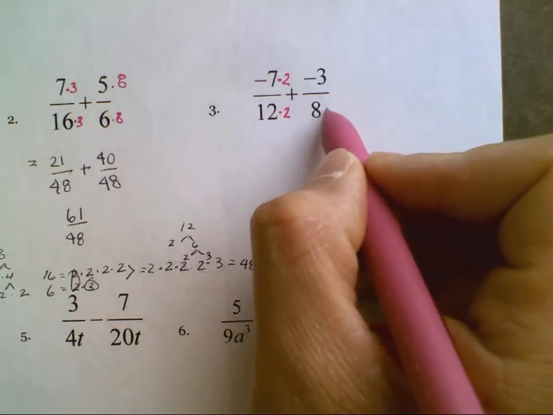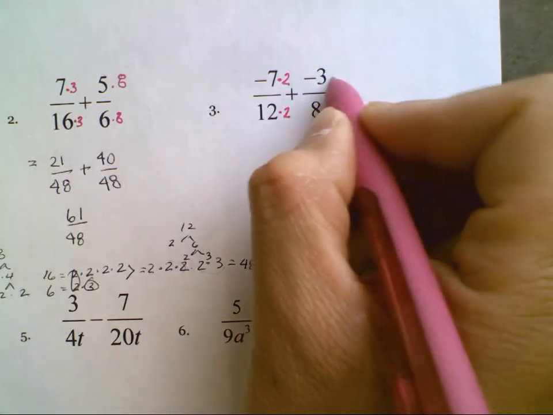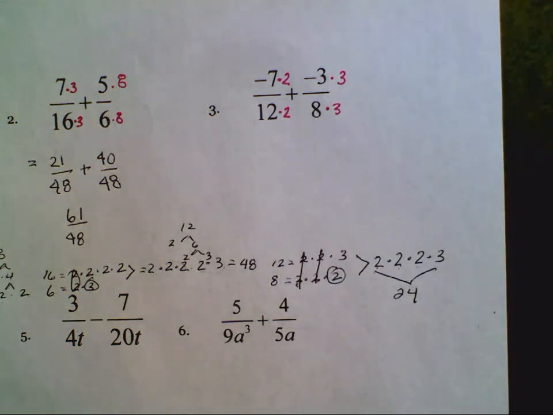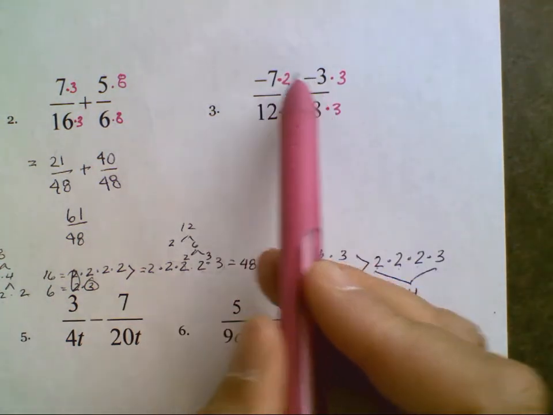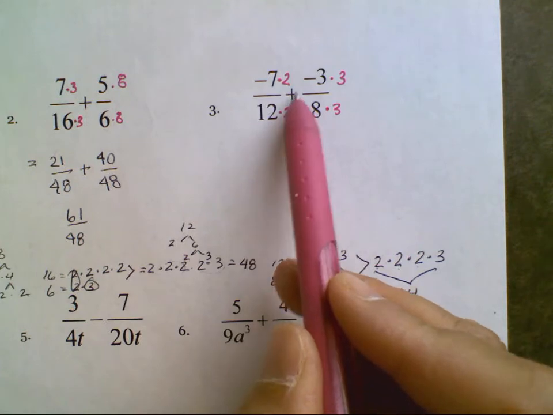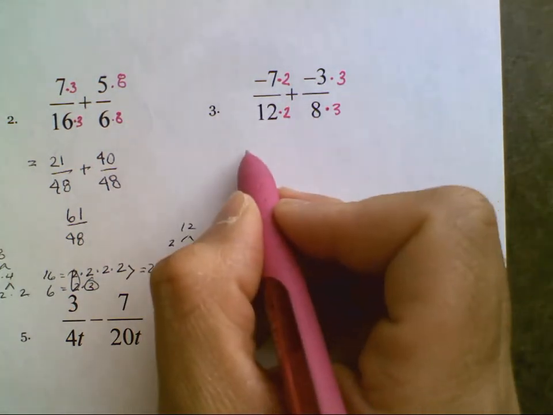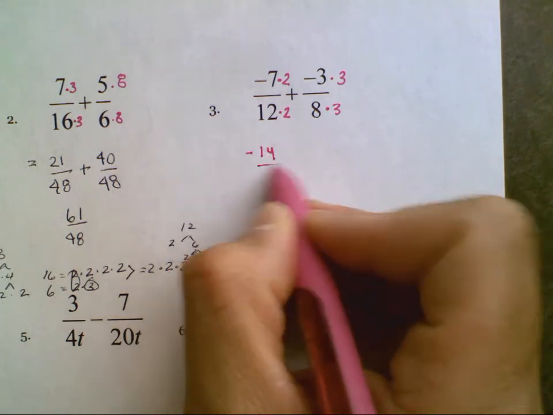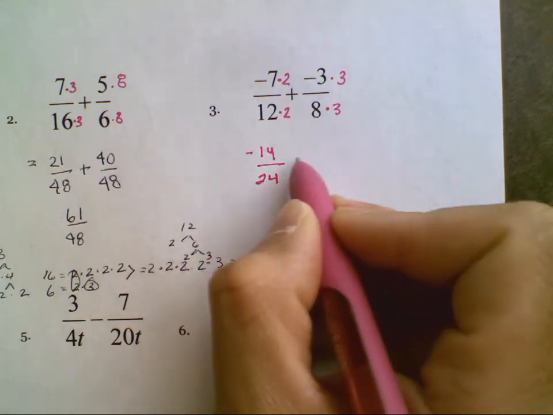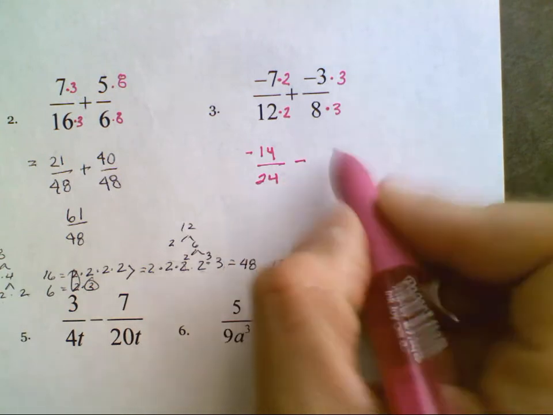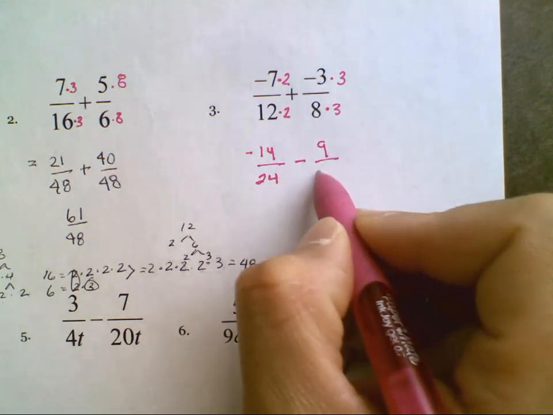So it's times 3. We need to be careful because both numbers are negative. So positive and negative is negative. So I have negative 14 over 24. Positive and negative is negative 9 over 24.